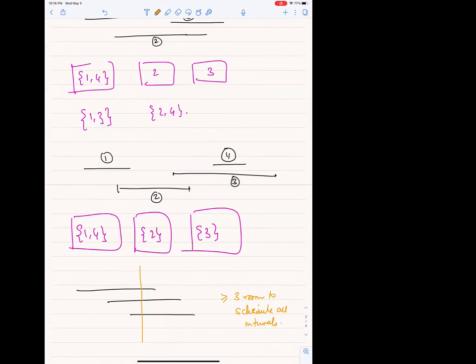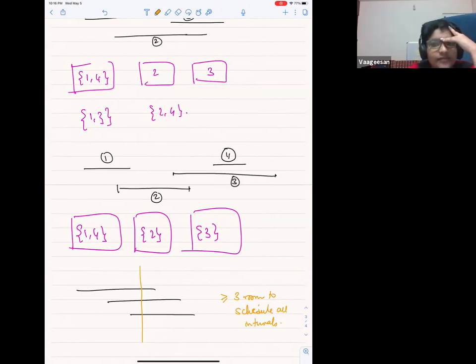So first, we have to take the largest interval, and let's say we are just keeping two sets of intervals. Currently, all of them are in room one, and first you need to find the largest interval.